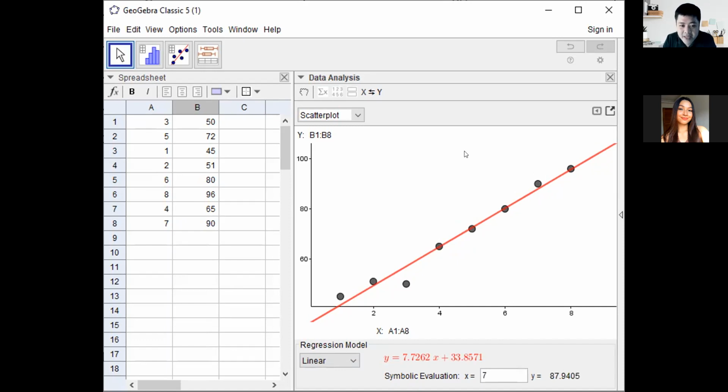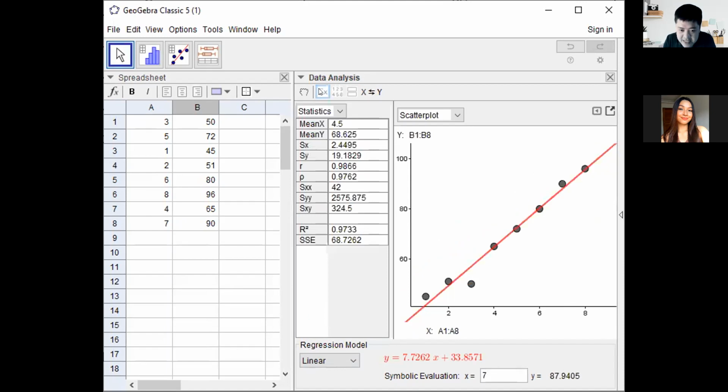Okay. And then for the other details, you can click this, show statistics, which will give you these values. Kasi yung other books will give you a different formula for R. The formula for R will be S sub xy divided by the square root of S sub xx times S sub yy. So basically, it's just 3.24 divided by the product of these two.